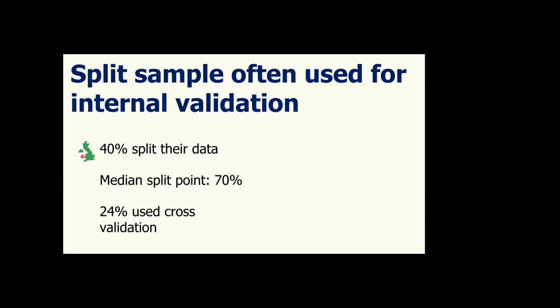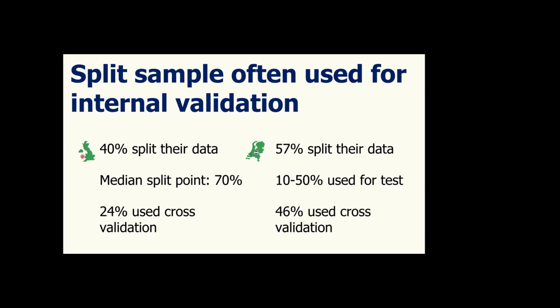In essence, you're artificially reducing the sample size available to develop your model, creating those issues we found, especially around the risk of bias in these studies, with 24% using cross-validation to internally validate.